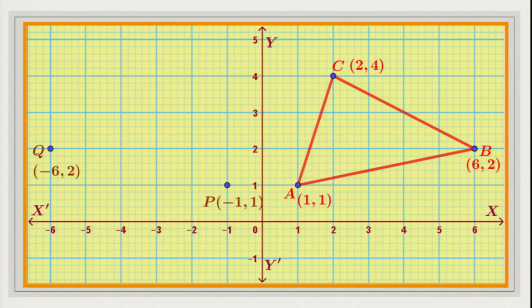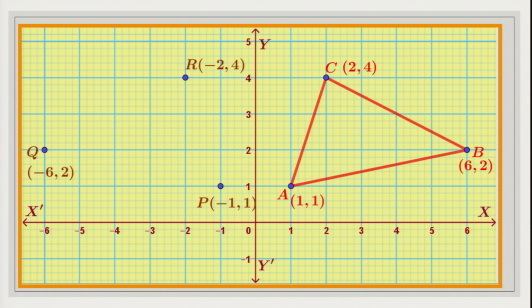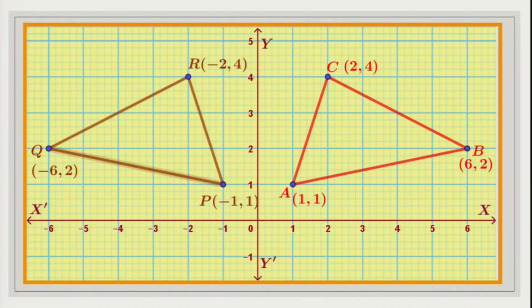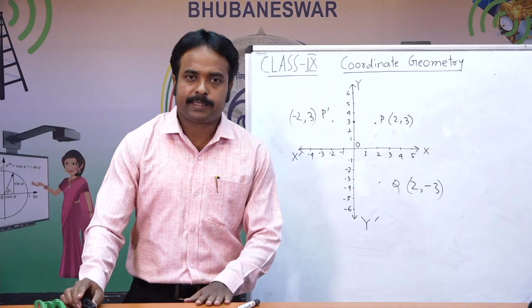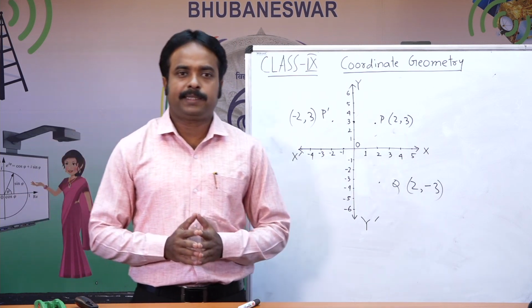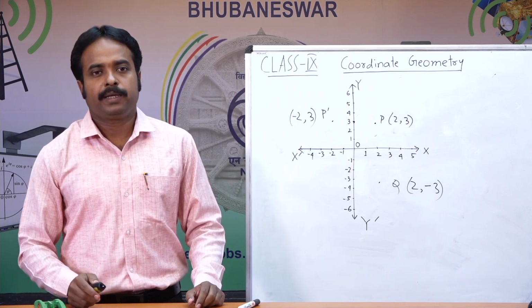And the image of C is R, with coordinates (-2, 4). Now if we join these points PR, RQ and QP, we will get this triangle, and this triangle represents the image of the triangle ABC with respect to the y-axis. Therefore, we can say that the image of ABC with respect to the y-axis is the triangle PRQ.